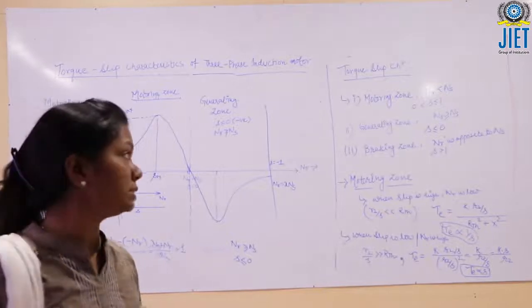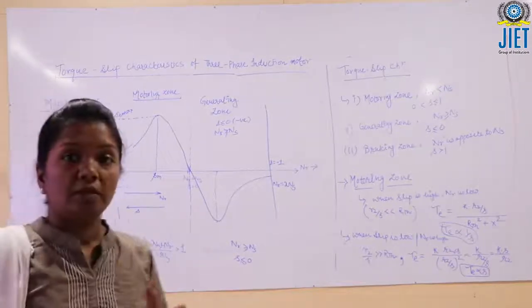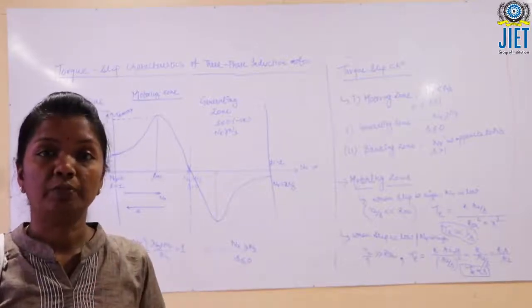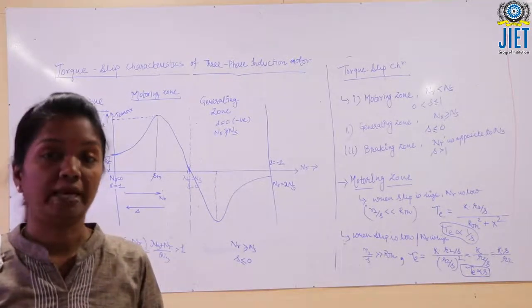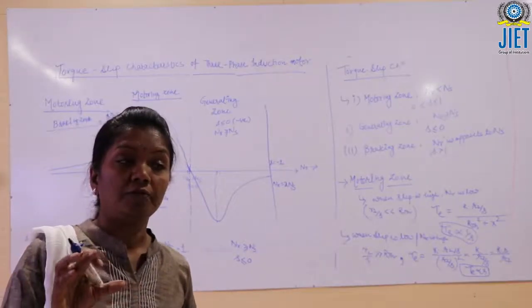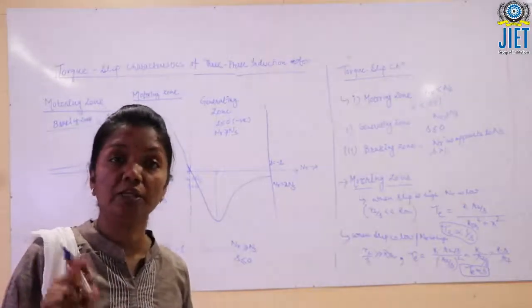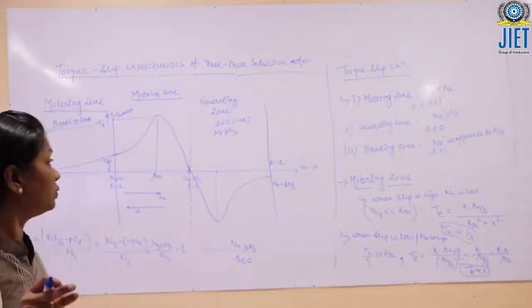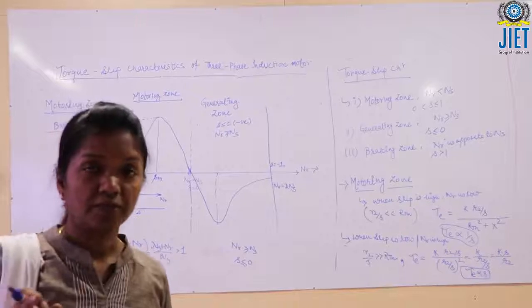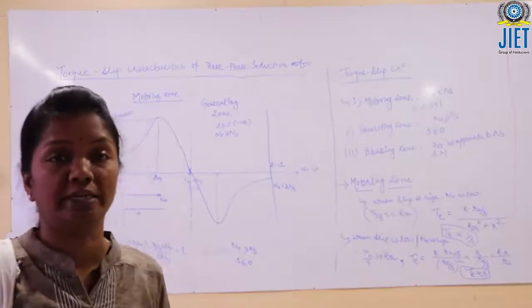So how it happens? Basically, you all know that the revolving magnetic field is produced by the three-phase supply connected across the stator. So when the phase sequence of the three-phase supply is just reversed, phase sequence is RYB usually.